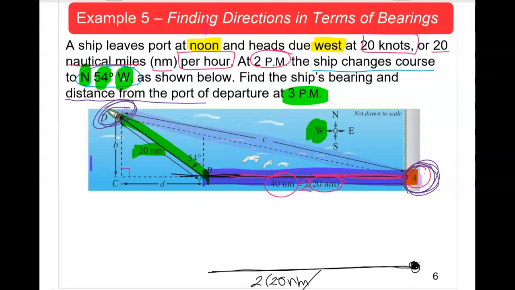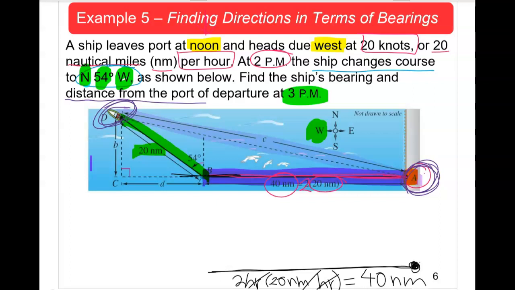Actually, let me write the units here so you see where they are coming from. So this will be 2 hours times 20 nautical miles per hour. And so the unit hour cancels, and that's why we say that is 40 nautical miles.